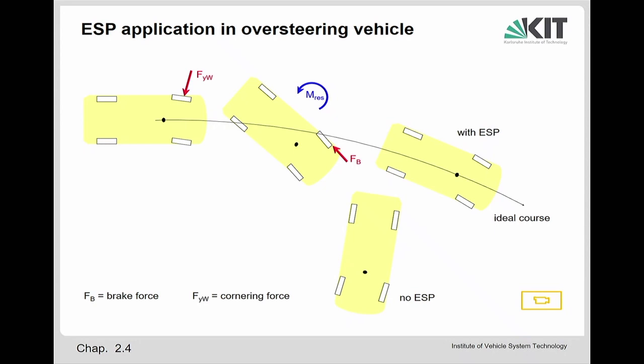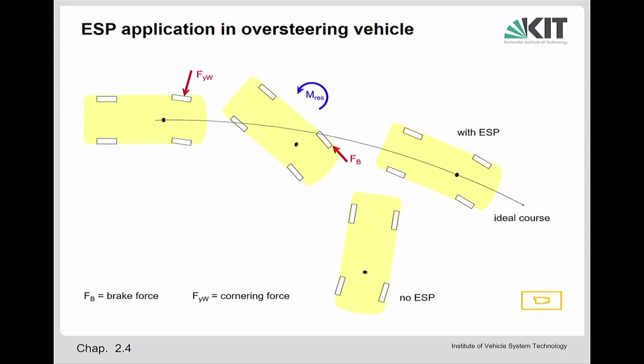Now let's have a look at this situation a little bit more in detail. What can we do to avoid such a situation? What we have seen is that shortly before the car was hitting the grass area with the rear axle, it starts to slide. So it was unstable. So the rear axle was not supporting enough side force, and so it starts to slide.